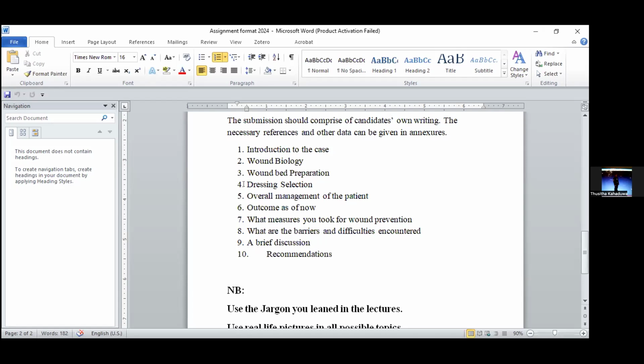Not a lengthy essay, just how you came to think of it. You all get what I mean? Basically, we are asking you to apply what you learn in the lectures. Anybody actually has started doing anything on this?